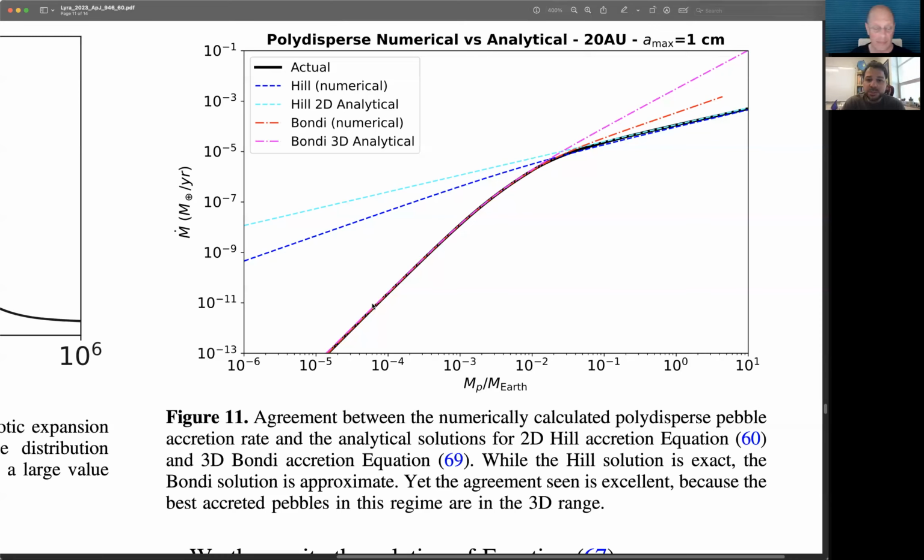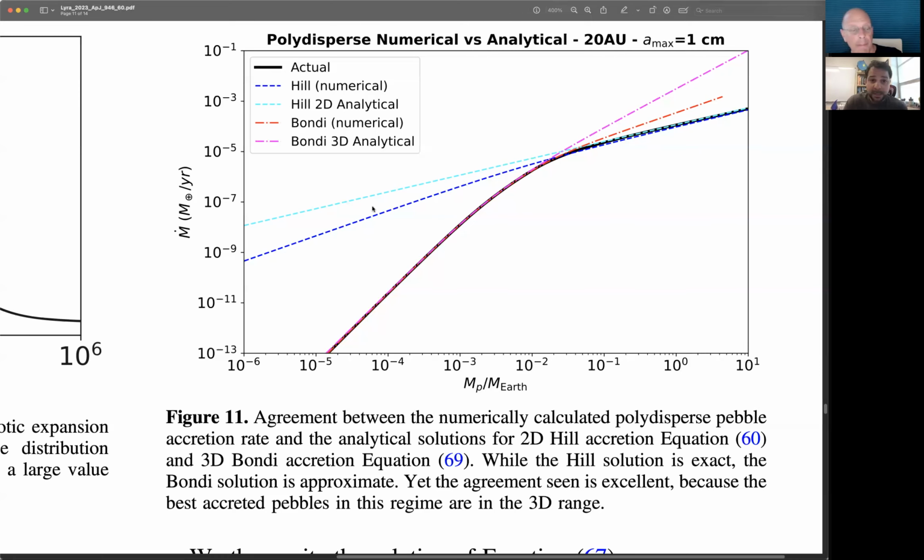So that's what I'm seeing here. If I solve it numerically, that's what is called here the actual. That's the thick black line, right? That's the one that is not making approximations, it is solving for the full accretion rate. If I consider only the numerical Hill accretion, then you have the dark blue line.